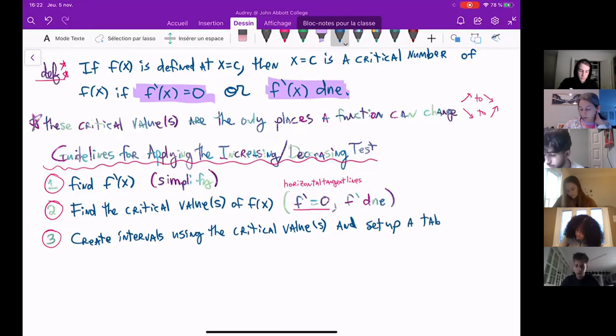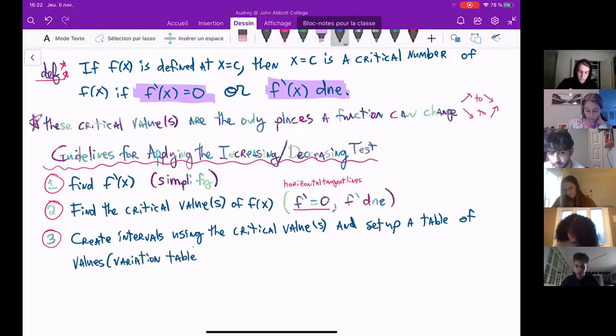So we're going to set up a table of values, which you will often see called a variation table. And then we're going to find the sign of the derivative at one point on each interval.